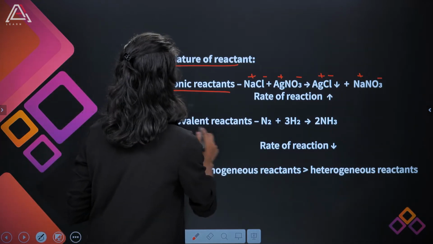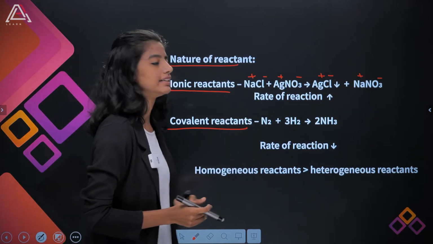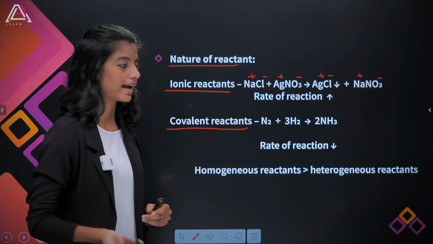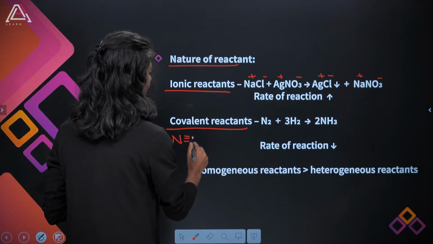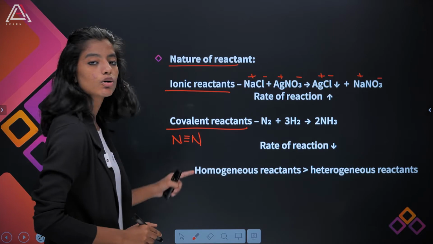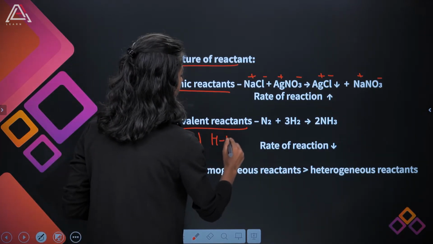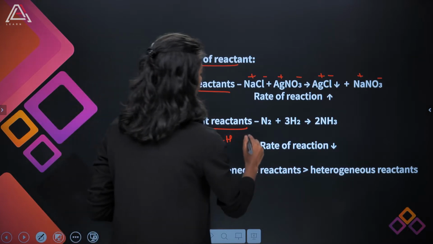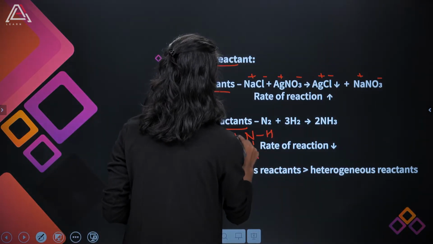The next one is the covalent reactants. For example, N2 plus 3H2 will give 2NH3. That is, there is a triple bond between the two nitrogens, 3 covalent bonds between nitrogen, and between hydrogen there is one covalent bond, and between nitrogen and hydrogen there are also covalent bonds.